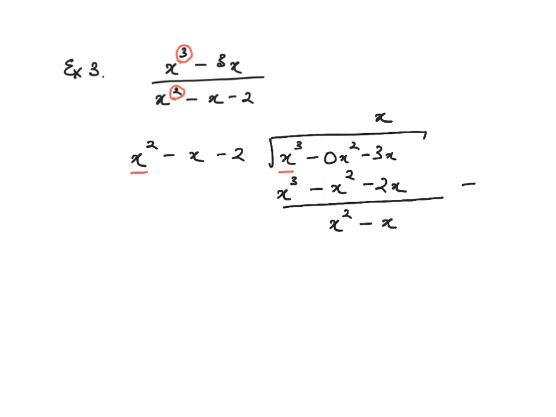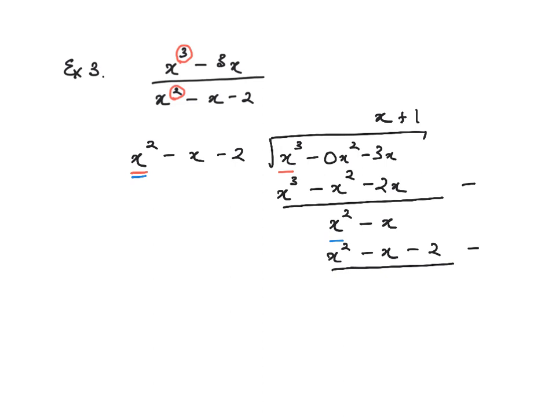So the question we ask now is, what do I multiply this x squared by? To get this x squared, I multiply by 1. So 1 times x squared is x squared. 1 times minus x is minus x. 1 times minus 2 is minus 2. Subtract, bottom line from the top line, x squared take away x squared is 0.